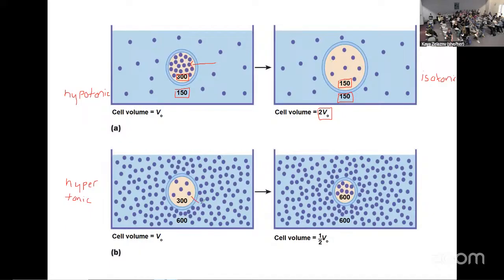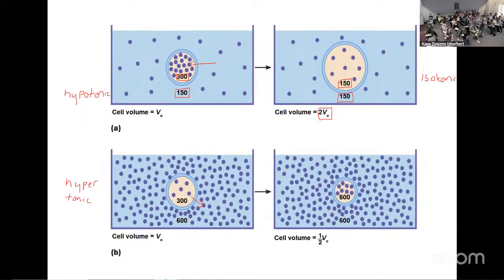So we are moving water down to the outside of the cell. That's our water movement. And so it's being pulled towards this higher tonicity, this higher osmolarity. And we can see that in our original cell, the inside of the cell measured at about half the concentration outside the cell. Right, so we have 300 versus 600.